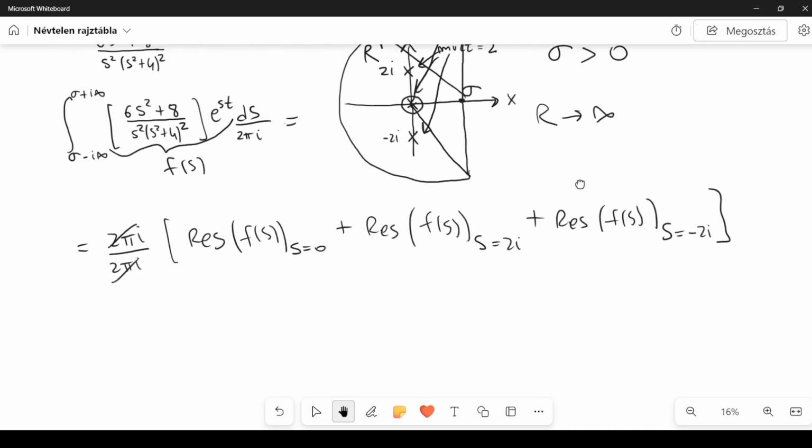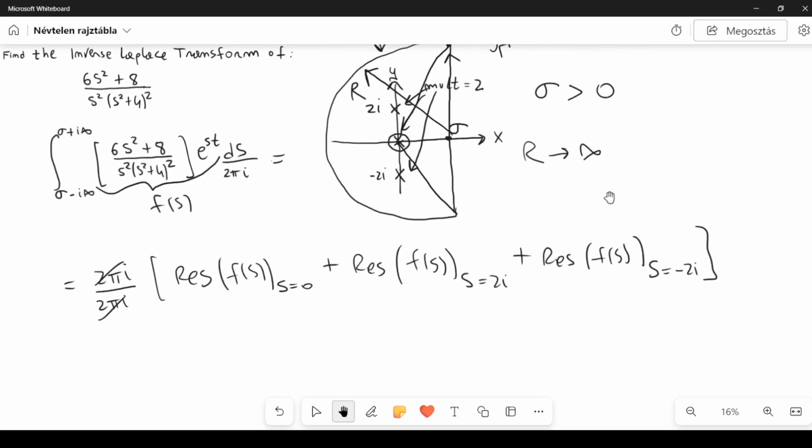Now, if we consider this part of the function f of s, in particular this exponential, when we move around the circumference, the variable s will be equal to sigma plus r e to the i theta, right?